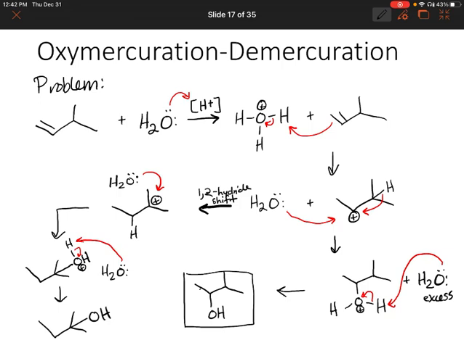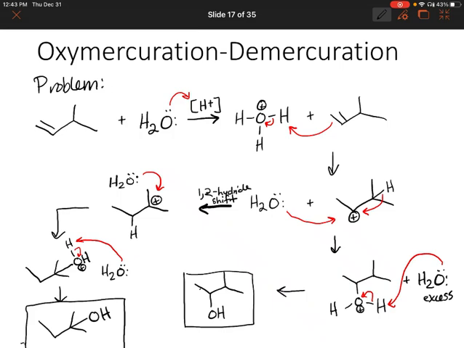So we do actually end up with two products in this situation. So we have an alcohol on the end of the molecule there, and then an alcohol kind of in the middle.